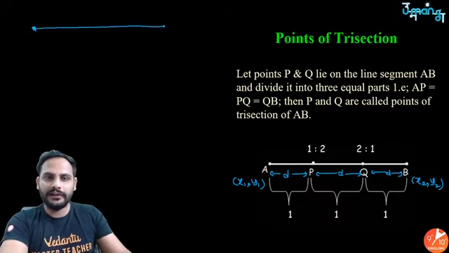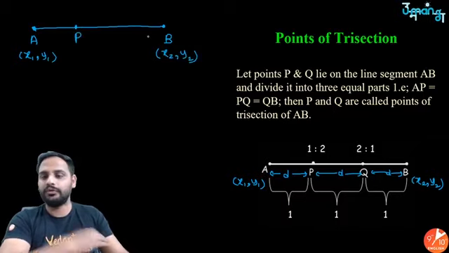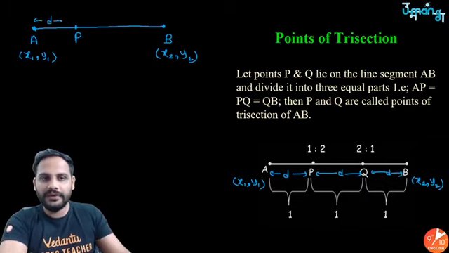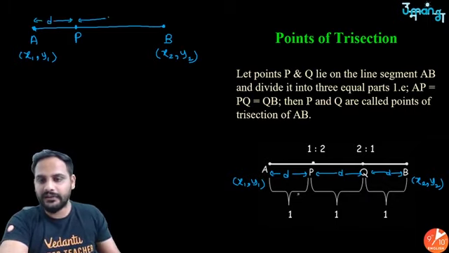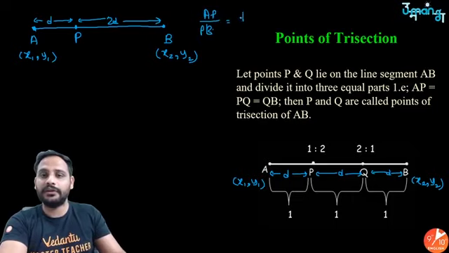Suppose this is our A, this is B. We know their coordinates. I know the point P is somewhere over here. Don't forget that point Q is there or not. So AP will be equal to D, PB will be D plus D. See, PB will be D plus D, which is 2D. So the ratio over here, AP upon PB will be equal to D by 2D, which is 1:2.